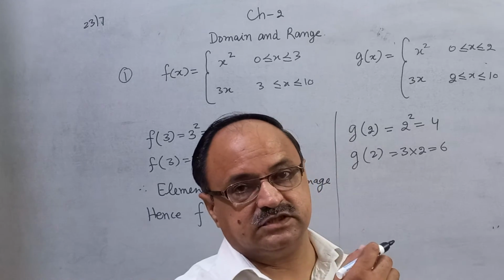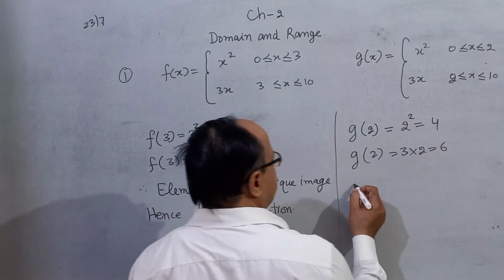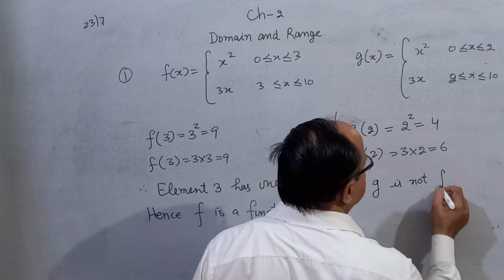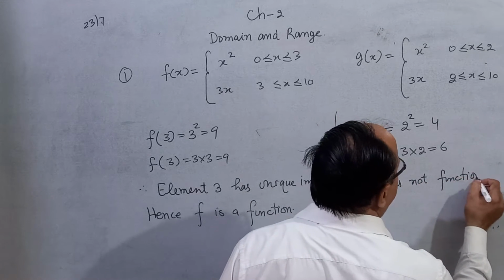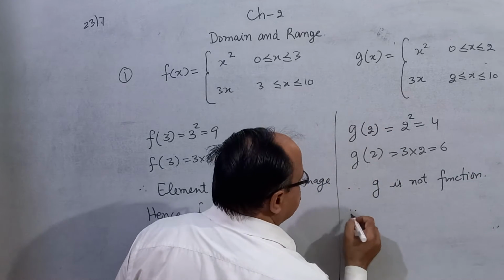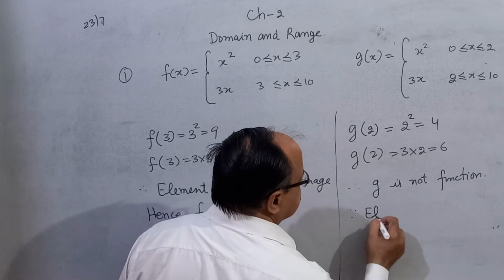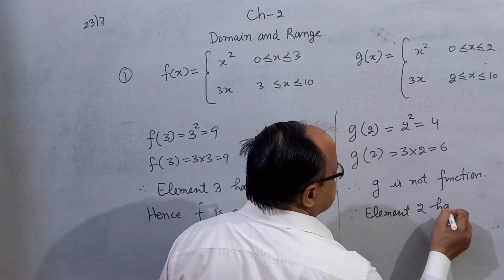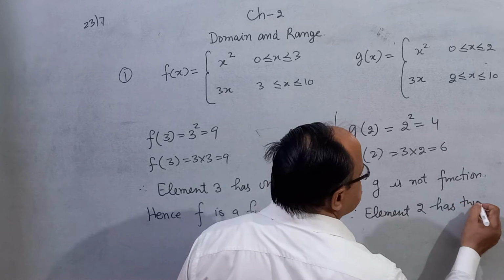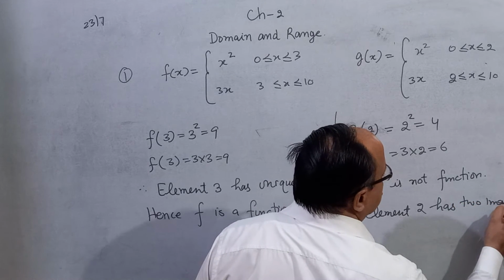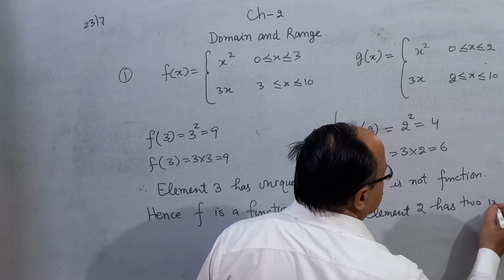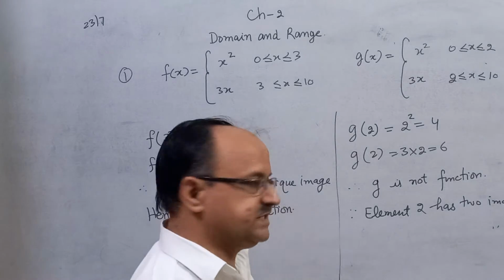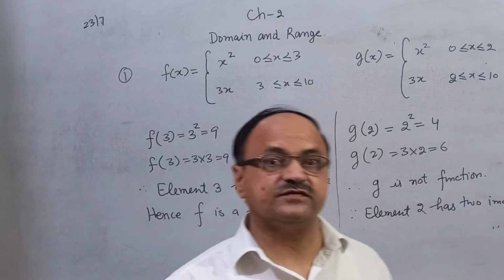Therefore, g is not a function, because element 2 has 2 images. Clear? This is the first question.